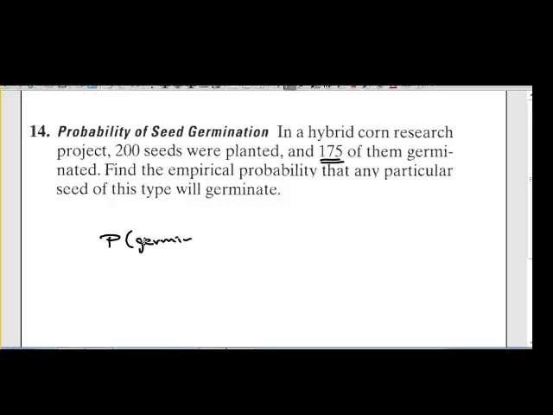So the favorable event is germinate. So the probability of germinating is the number of times it germinates divided by the total number of seeds that were planted. And in this case, we simplify it down, and you can divide the numerator and the denominator by 25 to get the simplified result. So the probability is 7/8.